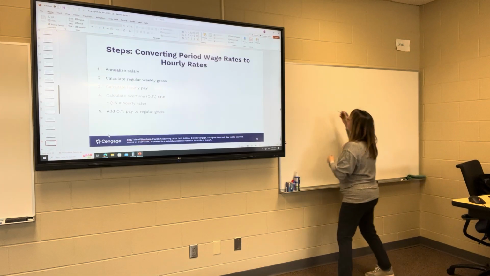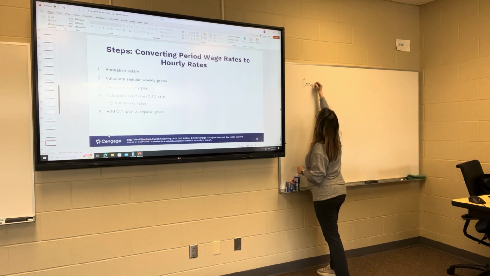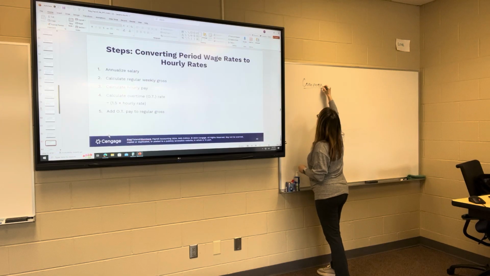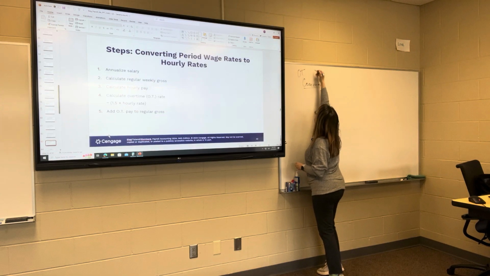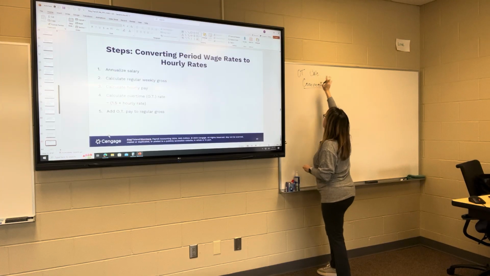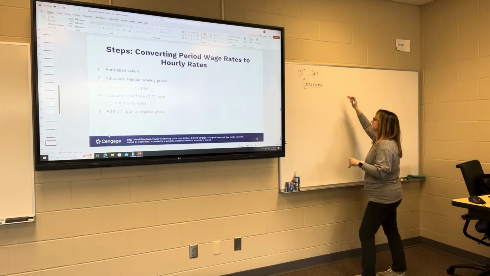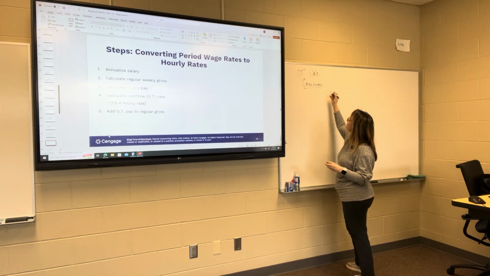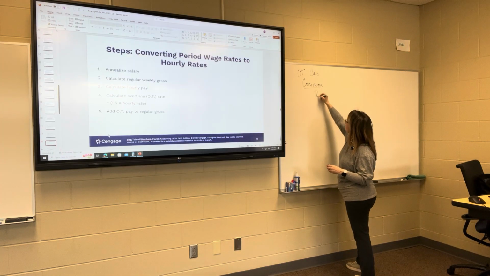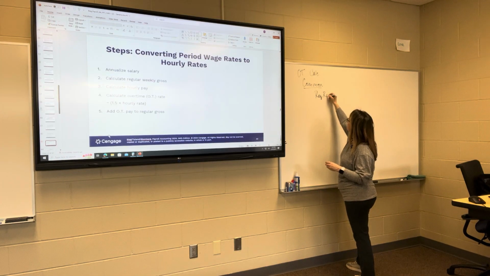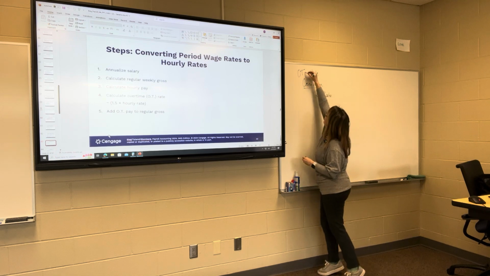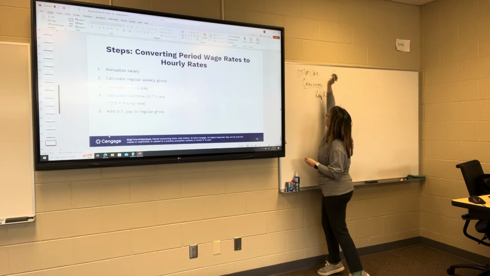So the common method is for the overtime rate calculation.